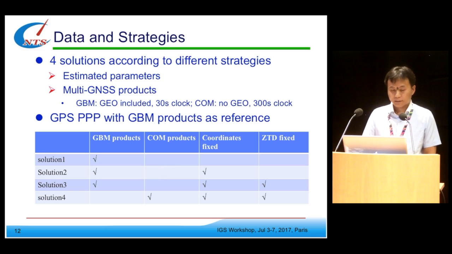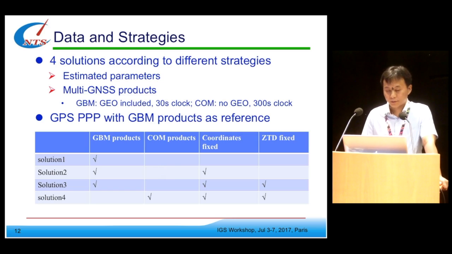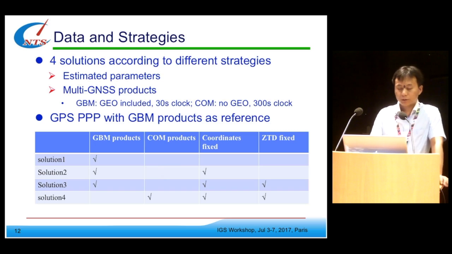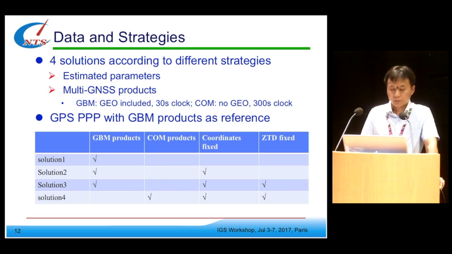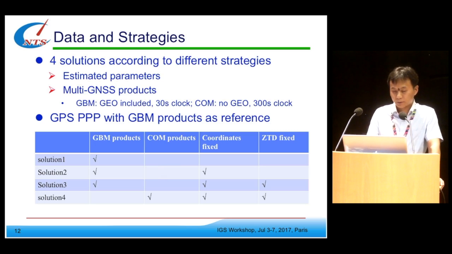And for the products, we have the GBM products with Beidou GEO satellites included, and the time interval in the clock product is 30 seconds. And the other one is COM products, which have no GEO satellites, and the interval is 300 seconds in clock product. And the GPS PPP results with GBM products are used as a reference to evaluate the BDS PPP.